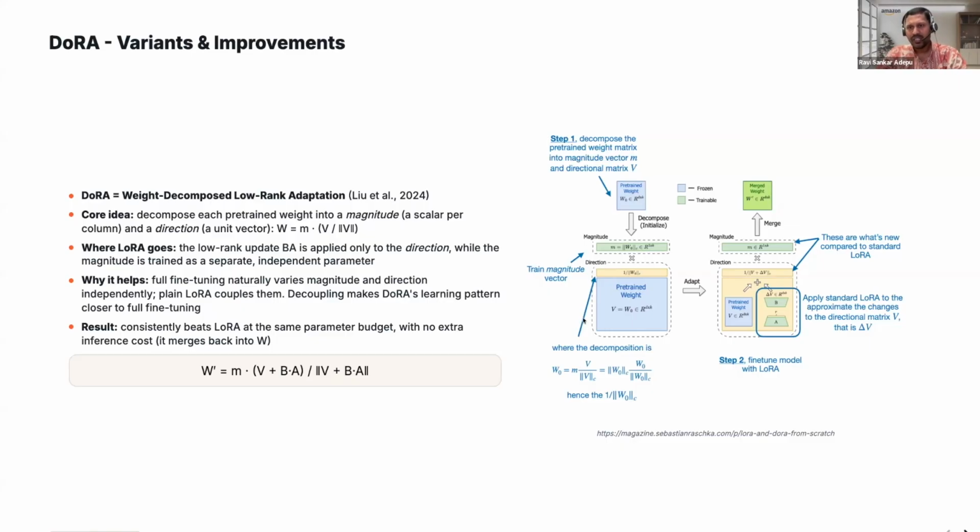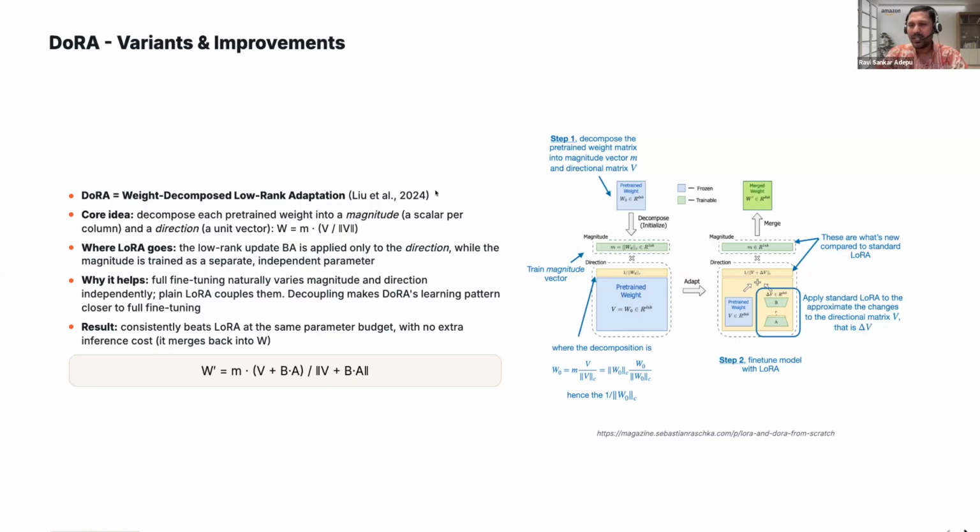Full fine tuning changes both of those pretty freely and independently. Plain LoRA kind of lumps them together, and that turns out to limit how closely it can mimic real fine tuning. So DoRA, which is weight decomposed low rank adaptation, splits the weight matrix into those two explicitly.